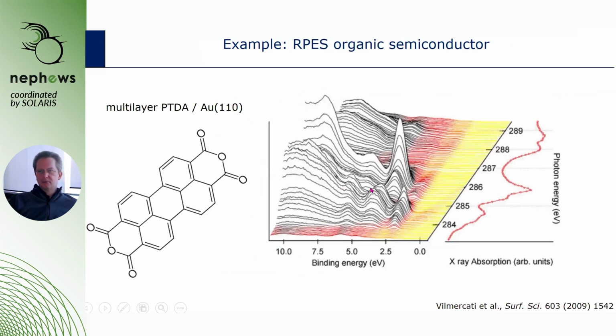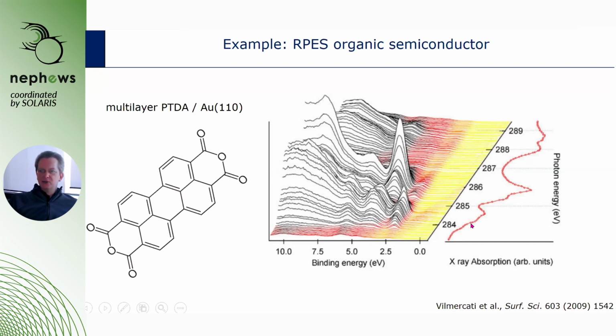Here's an example from practice. This is a multilayer of this molecule, PTCDA, not PDA, sorry for the mistake, on a gold surface. Here is the absorption measured at the carbon edge for this particular material. And here are the valence band spectra of the molecular layer recorded at each individual photon energy that is shown here.